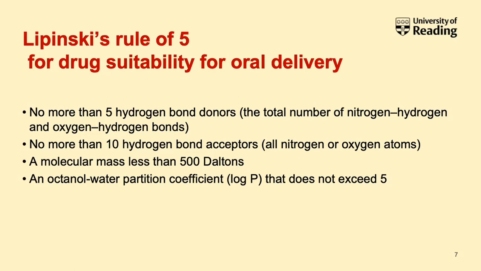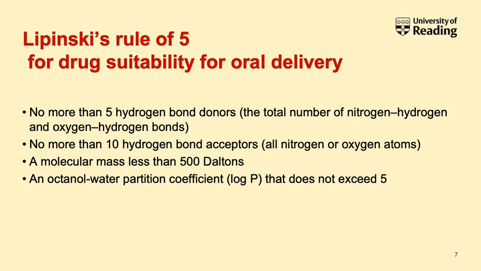Remember that a change of log P of 1, say going from a log P of 1 to a log P of 2, is going from a partition coefficient of 10 to a partition coefficient of 100. So small changes in log P in reality do mean large changes in the relative solubility between the aqueous and non-aqueous environments.